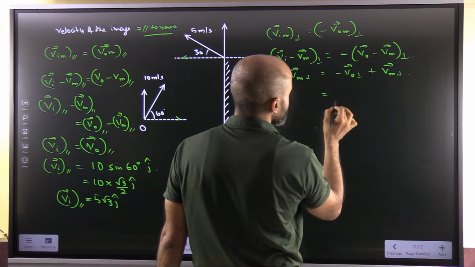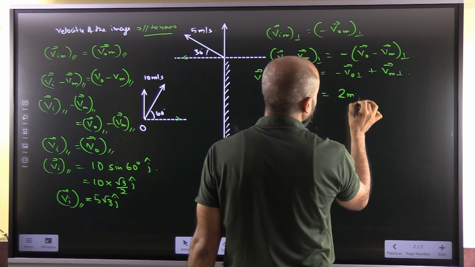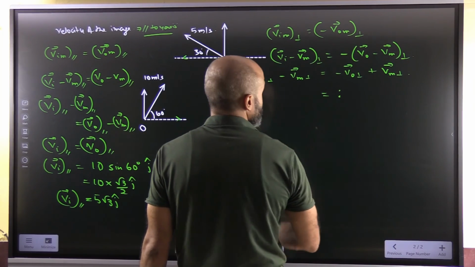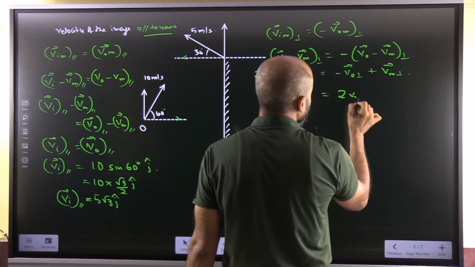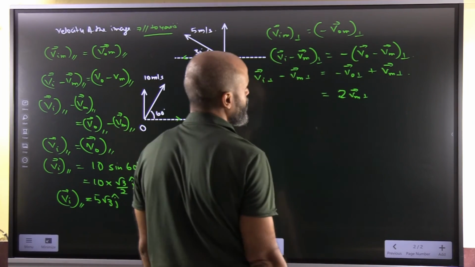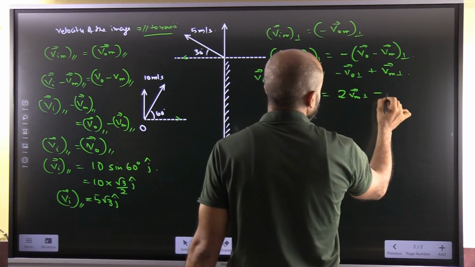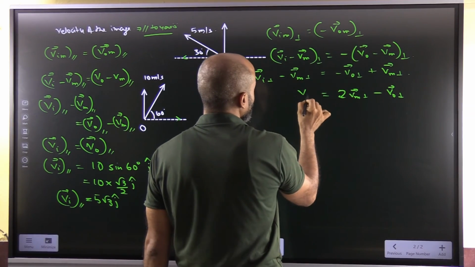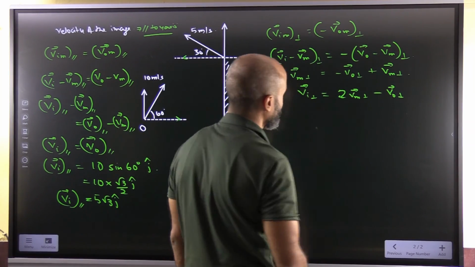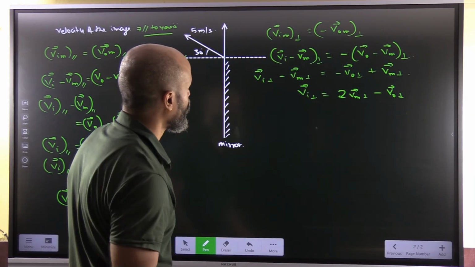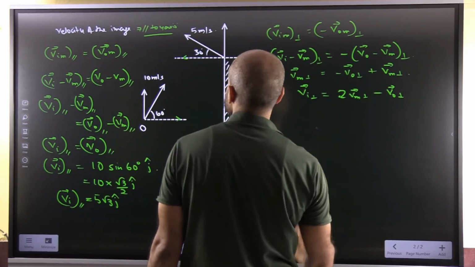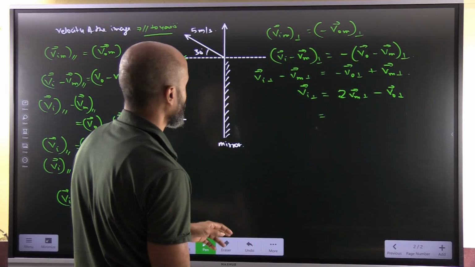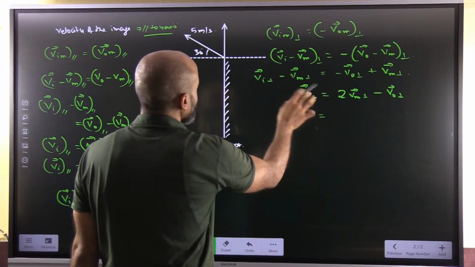So if we transfer this here, this will be twice of velocity of mirror along the perpendicular component minus velocity of object along the perpendicular component, which gives velocity of image along the perpendicular component.